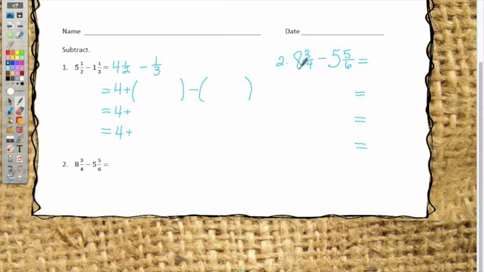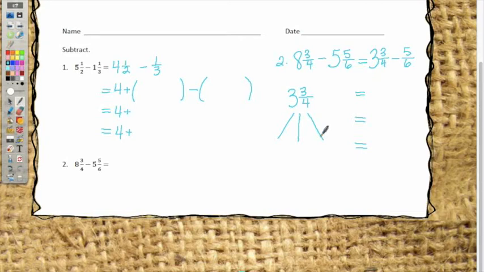Okay, so 8 minus 5 is 3. So 3 3/4 minus 5/6. Okay, so yes, I have to decompose 3 3/4 because 3/4 is less than 5/6. So you can go ahead and write that down.